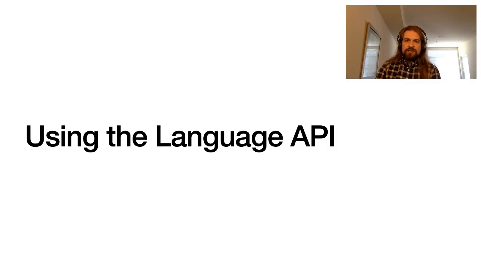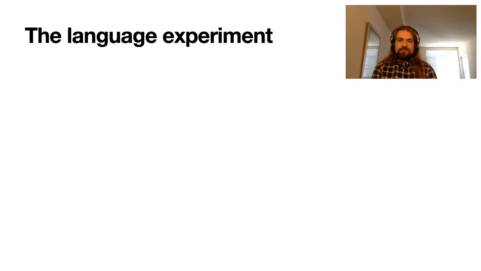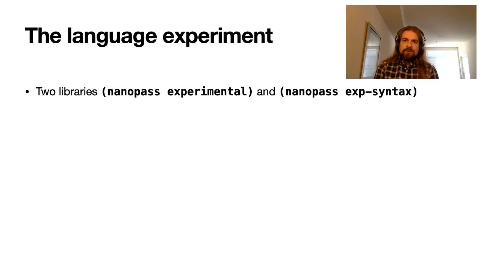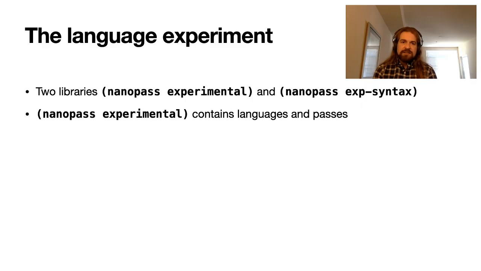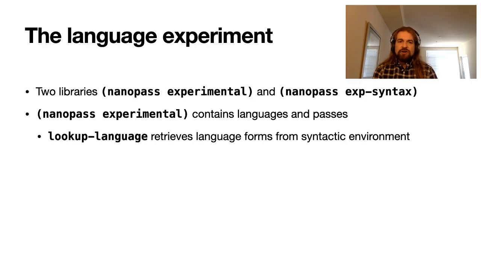So we've got our language API now. How well does it work? Well, as an experiment, I've created two new libraries, Nanopass Experimental and Nanopass Exp Syntax. Nanopass Experimental contains the languages and the passes for those languages. It provides a function called lookup language, which can be called from within a macro.